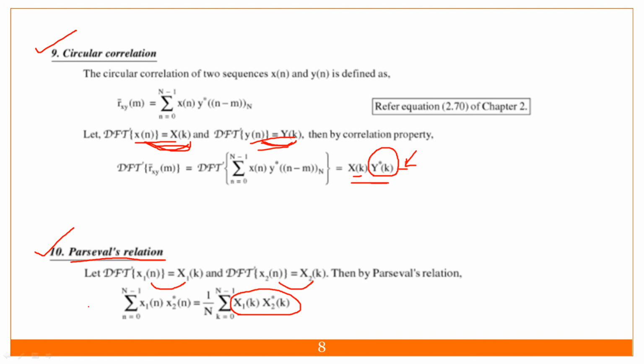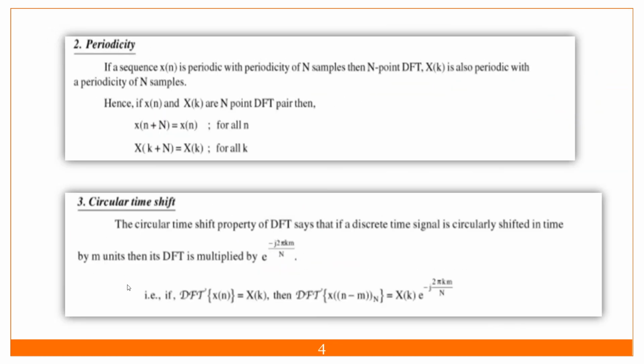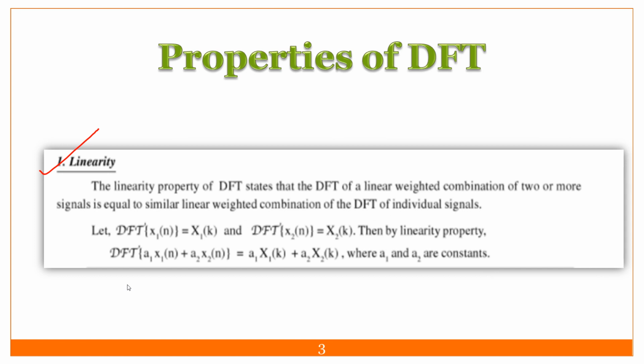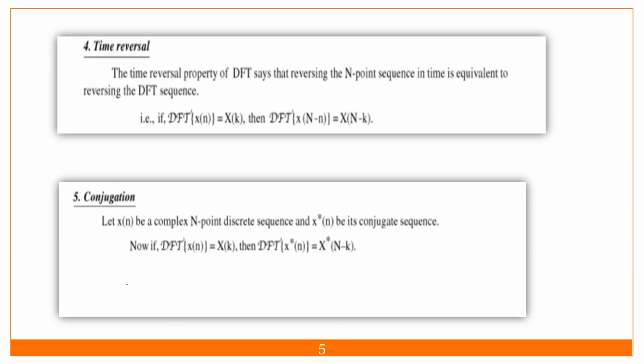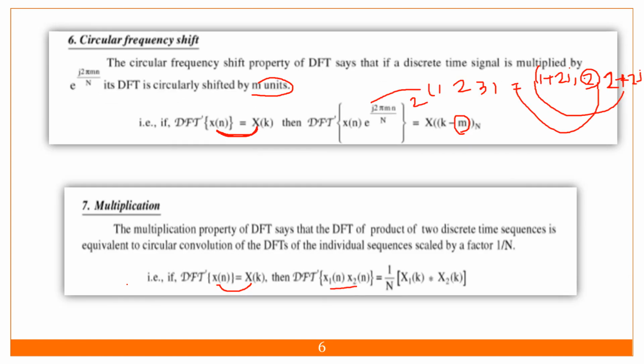So this is the Parseval's relation theorem. This concept will be clear once we solve problems based on each and every property. If you solve problems based on this, you will permanently remember each property.